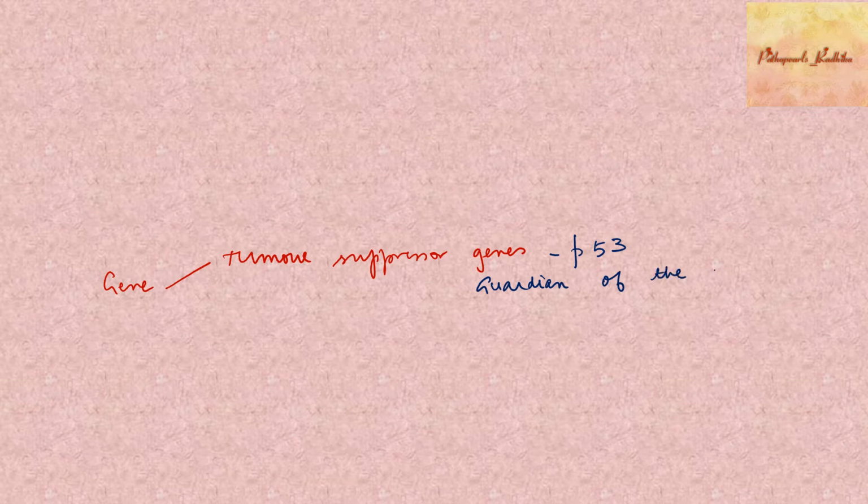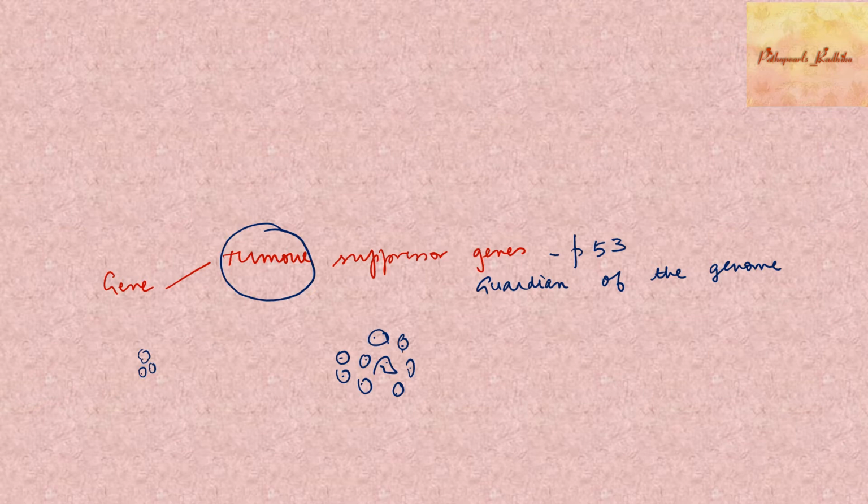To understand how it's going to suppress tumor, you should know how a tumor occurs. So what do you mean by a tumor or a neoplasia? It's an abnormal, uncontrolled proliferation of cells, right? So when does that happen? Let us imagine this is a normal cell, right?